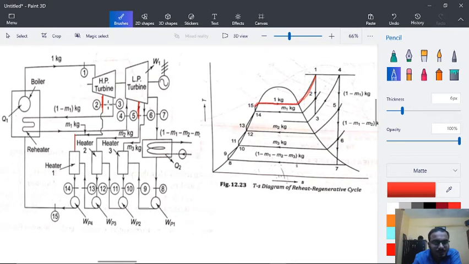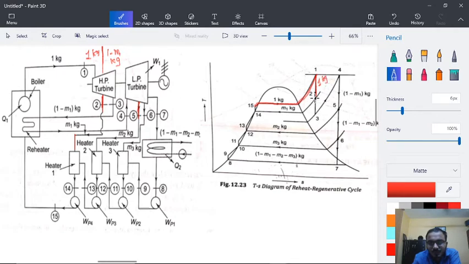Now if you see that the first expansion is happening, this HP turbine can be divided into two parts, where here we are having 1 kg and here we are having 1 minus M1 kg, because M1 kg is taken into heater number 1. So 1 to 2 is having 1 kg of steam. So this is 1 kg.